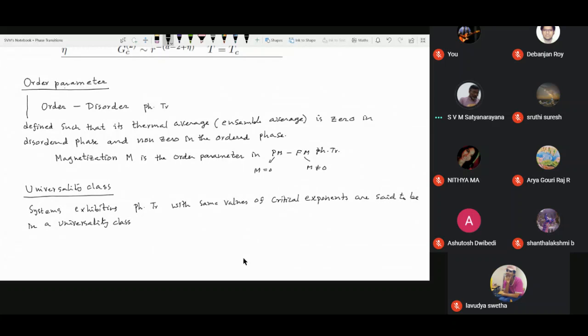Okay, and this is one thing. The other thing is that they observed some kind of a scaling behavior.